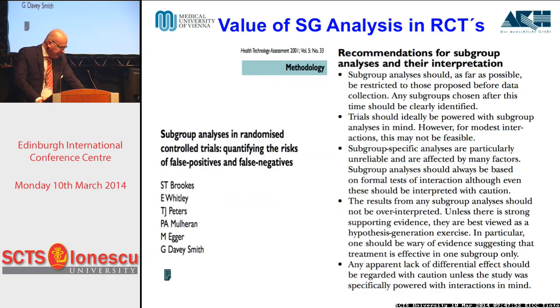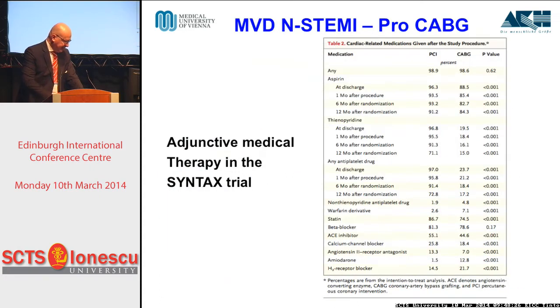In particular, one should be wary of evidence suggesting that treatment is effective in one subgroup only. And especially if we want to prove that both interventions have equal quality and equal results, then one should be particularly cautious when interpreting subgroup analysis. Nevertheless, these subgroup analyses are going to make it into guidelines, and I think this is not really in the interest of good science.